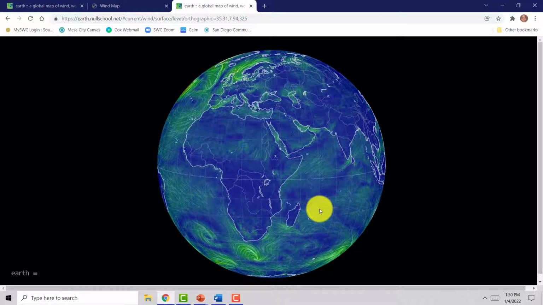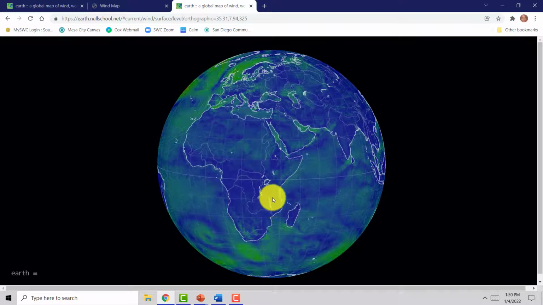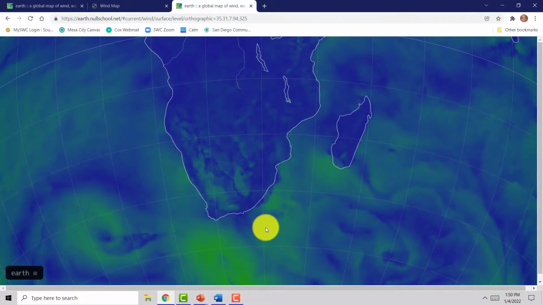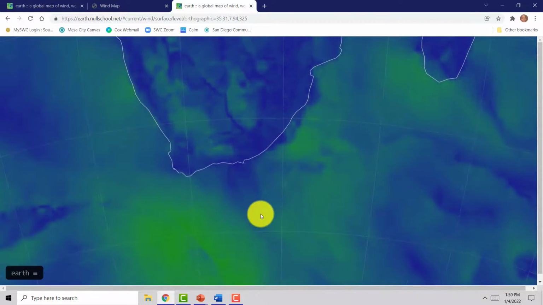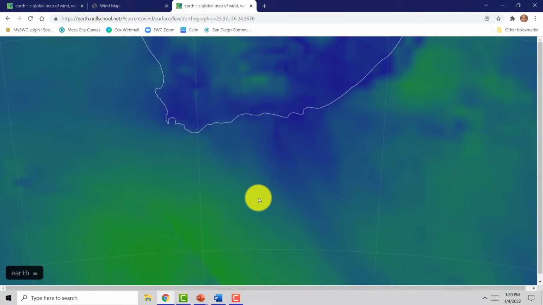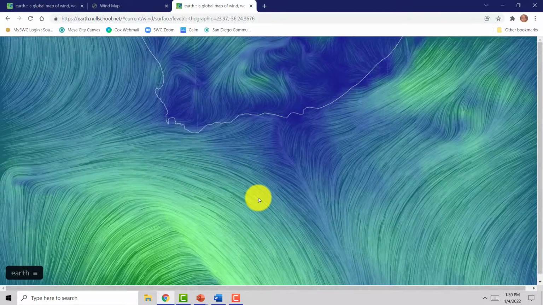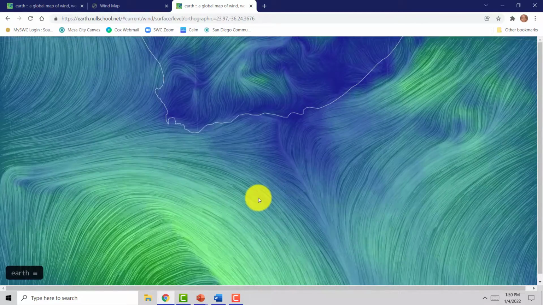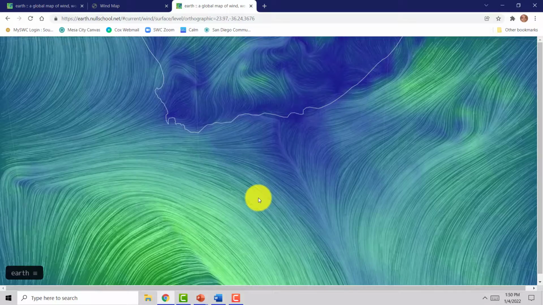One thing I do want you to notice is that there are stronger circulation patterns over the ocean than there are over the land. I'm just going to zoom in here to the tip of South Africa and just show you that this map, after it reloads, is indicating direction and magnitude.